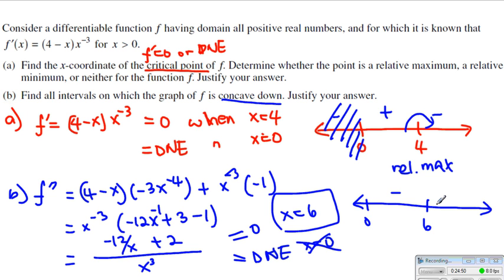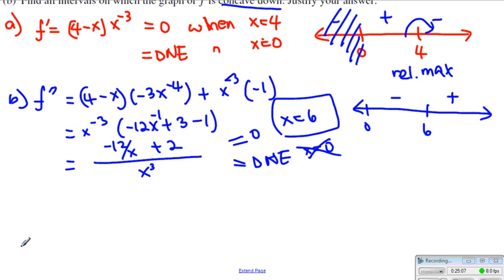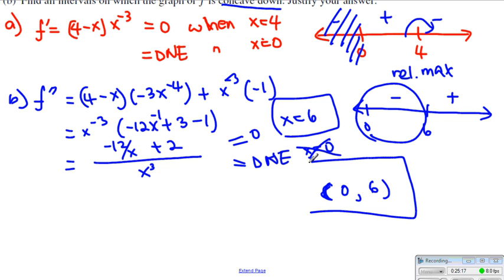And if I plug in a number that's greater than 6, such as positive 12, then this portion becomes negative 1 plus 2, which is positive, and then denominator is also positive, so we would end up getting positive. Concave down, then in this case, is this area. So our answer becomes 0 all the way up to 6. That becomes our answer.